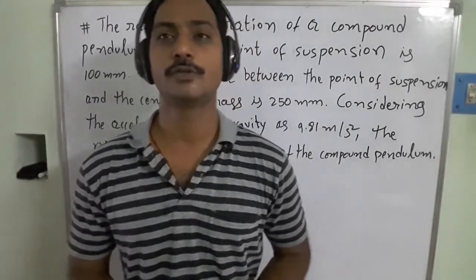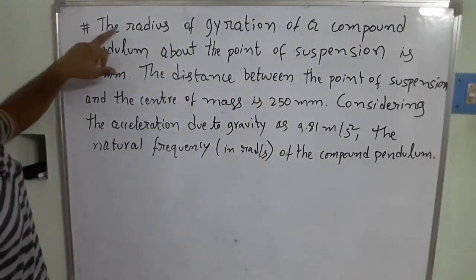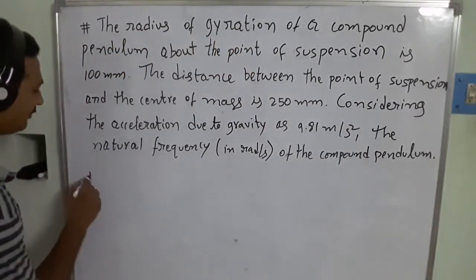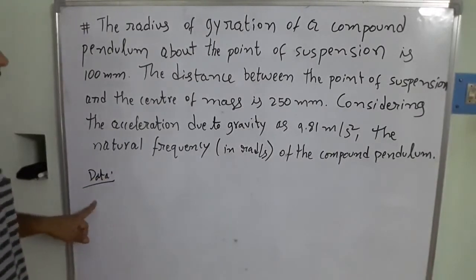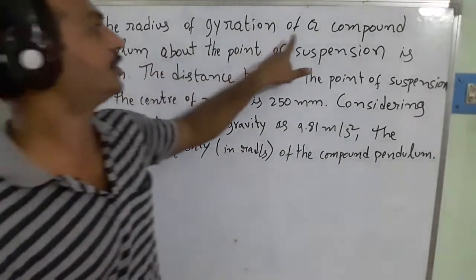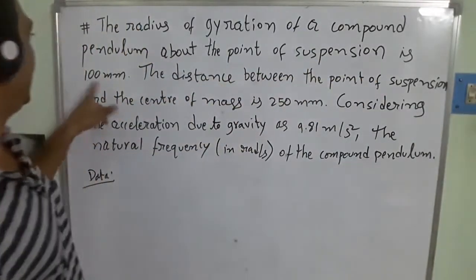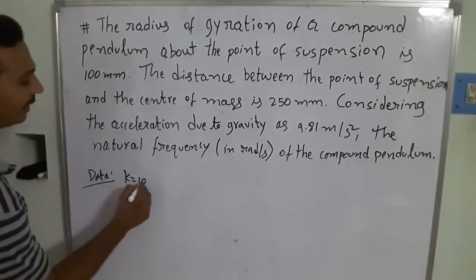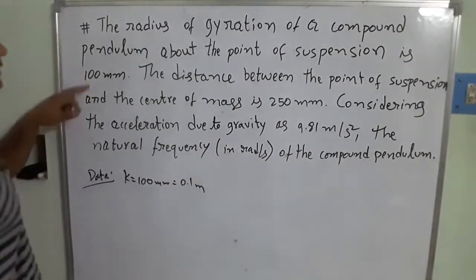The problem I stated on the board: the radius of gyration of a compound pendulum about the point of suspension is 100 mm. It means that the k he has given is 100 mm, so that is equal to 0.1 meters.